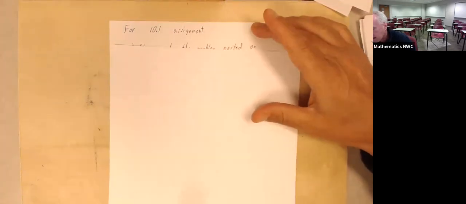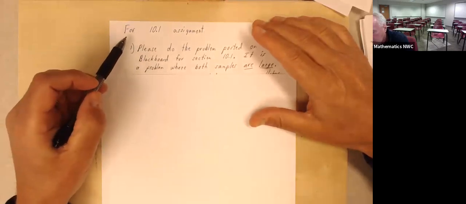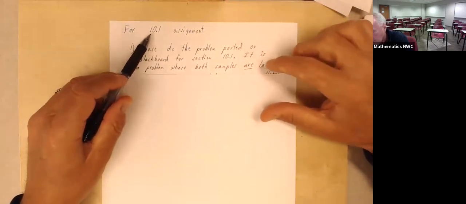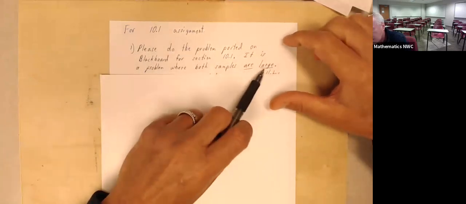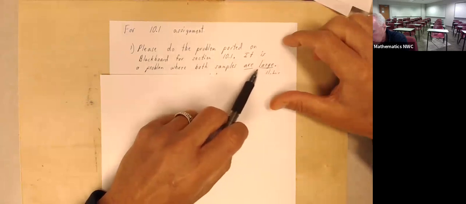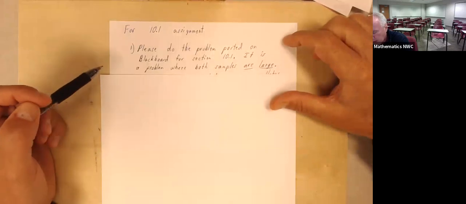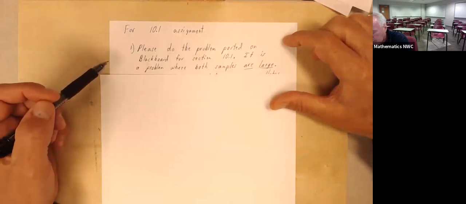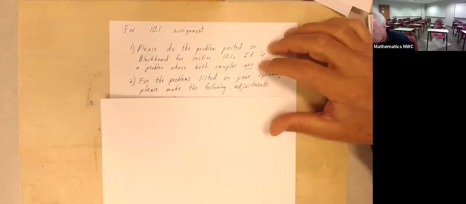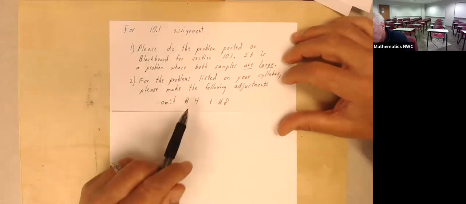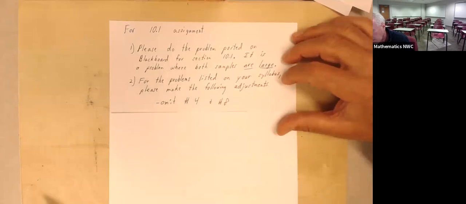To that end, I have posted on Blackboard an assignment for 10-1. It's going to give you one problem where both samples are large, which means, of course, you're using the z-statistics. It would be something similar to what you had in the lecture 10.1 part 1. Then in the book problems, the ones that are from your assignment, from your syllabus, we're going to omit number 4 and we're going to omit number 8, both of those.